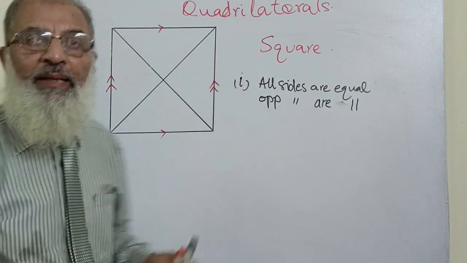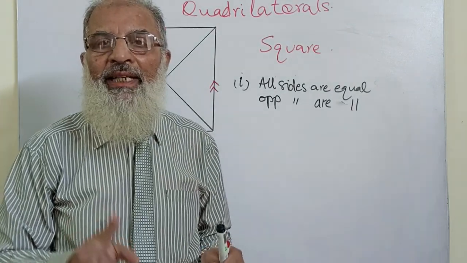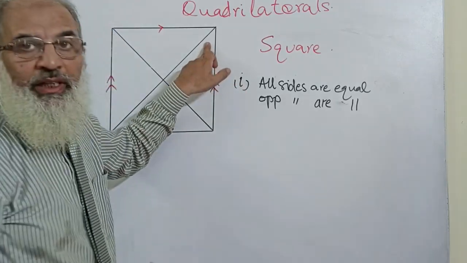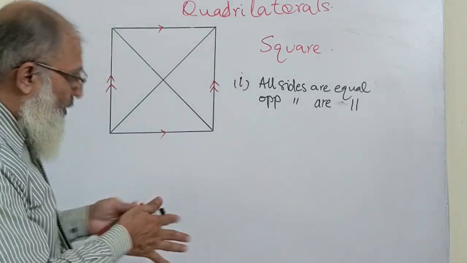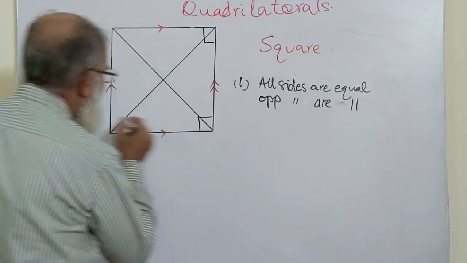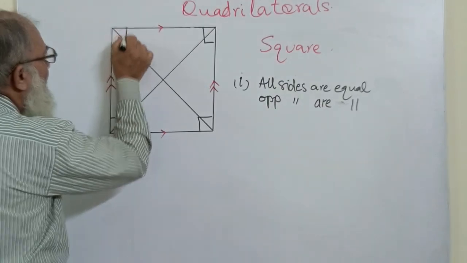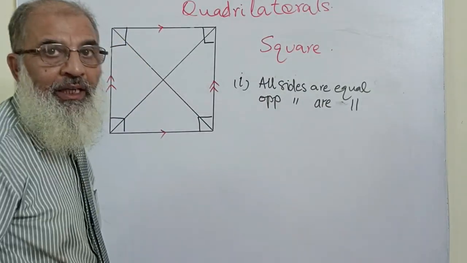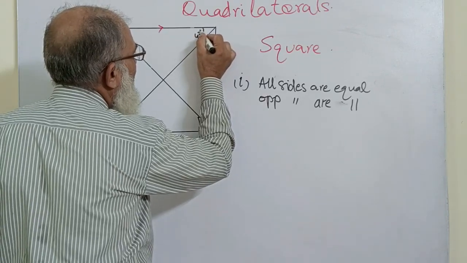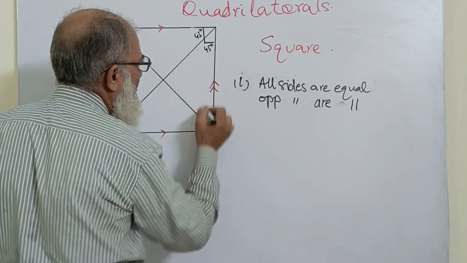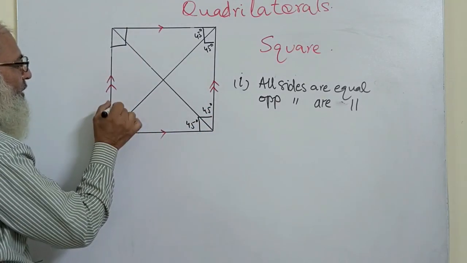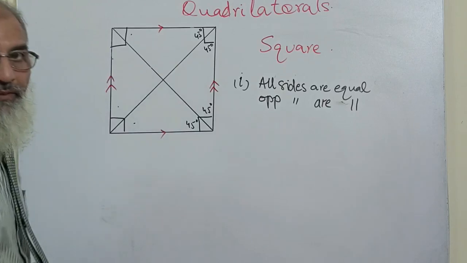Here, bisect means that if the angle is 90°, then the bisection of it is 45°. Now here you can see that this is 90°, this is 90°, this is 90°, and this is 90°. That means the angle left here is 45° each: here 45, here 45, here 45, here 45.